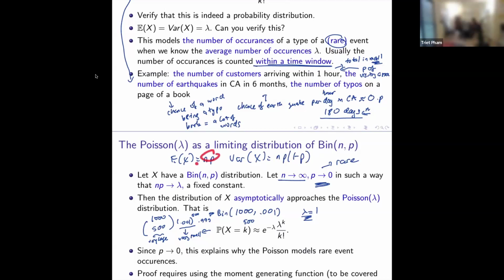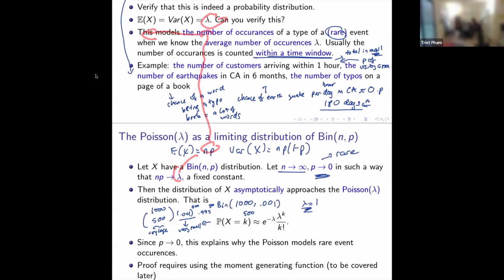Notice np is lambda, which is exactly the expectation of the Poisson, which makes sense because we claim the Poisson approximates this, so the expectations should match, or converge to each other. What about the variance? We should expect the variance matches as well, in the limit at least. But how does it match in the limit?